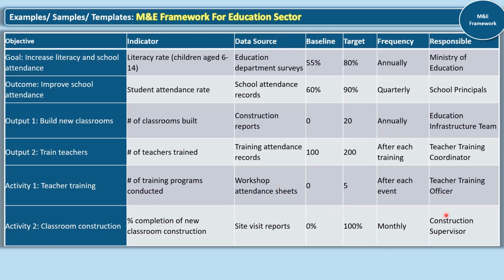Here you have now a baseline value for those indicators. The target for your project you can discuss and finalize in consultation with the project management team, and the frequency of data collection could be annually or quarterly.